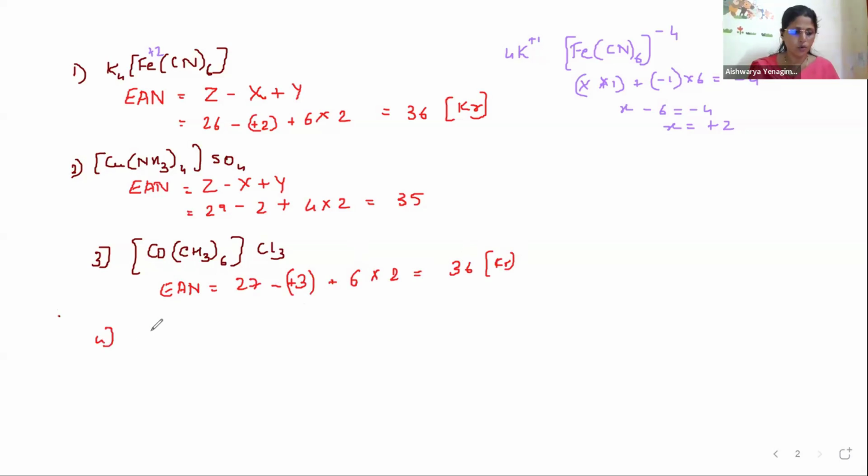Take another example: Ni(CO)4, nickel carbonyl. This is an example of a metal carbonyl, which is also a coordination compound. How do you calculate the EAN value? Z is 28, minus the charge on Ni. CO is a neutral ligand, so 0 is the charge.